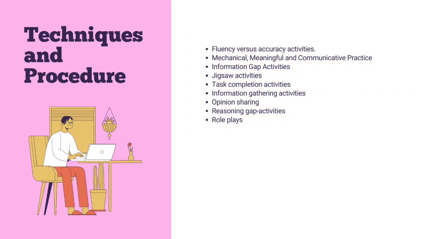Okay, we move to techniques and procedures. Techniques for teaching language in CLT are actually of various varieties as long as they fulfill the CLT principles. However, a number of them which are very common in the classroom, summarized from Richards, are as follows. The first one is fluency versus accuracy activities.